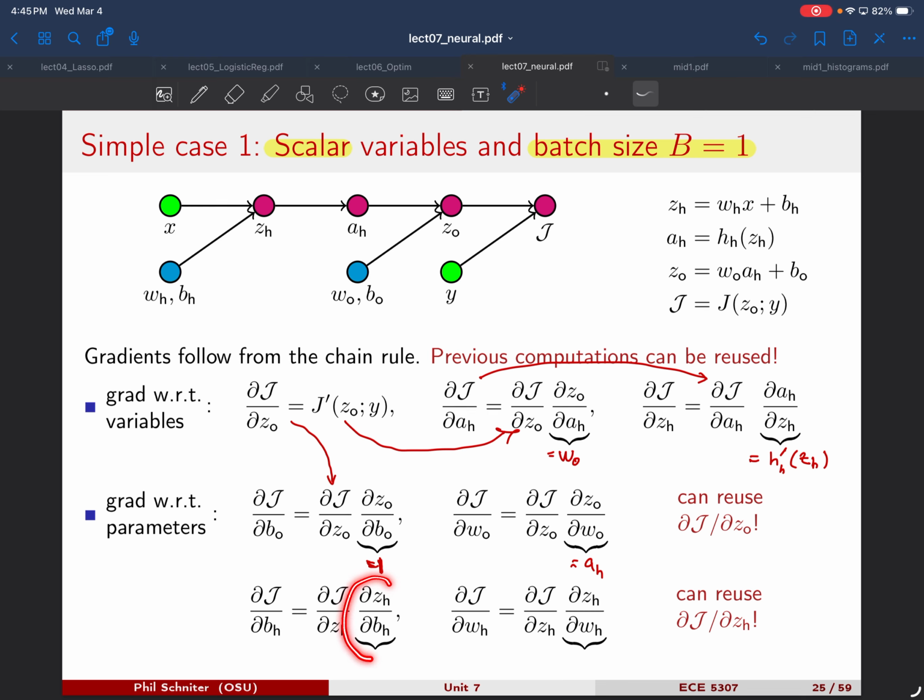And so the only new thing is dZH/dBH, which as you can see is going to be 1. And similarly for this, we just have to compute dZH/dWH, which is going to be x. Okay? So that's the basic flow of how we do the backward pass.